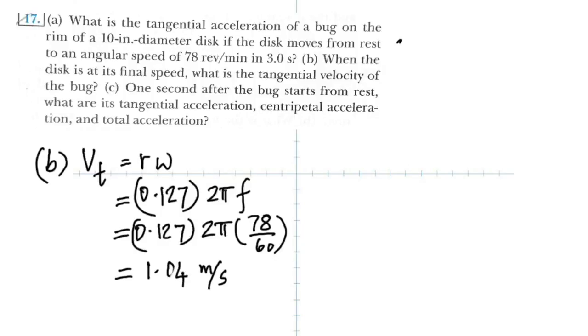And it gives you 1.04 meter per second. That is the tangential velocity.